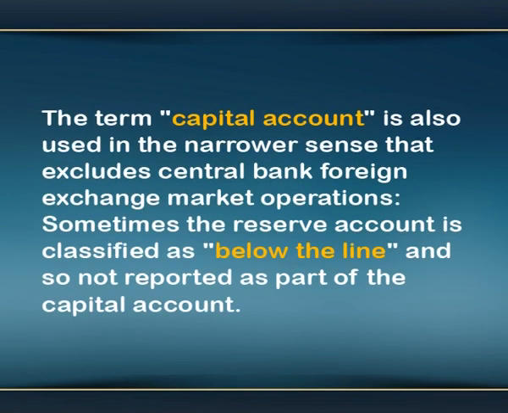The term capital account is also used in the narrower sense that excludes central bank foreign exchange market operations. Sometimes the reserve account is classified as below the line and so not reported as part of the capital account.